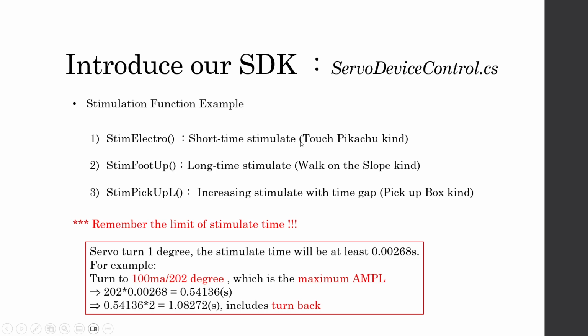They are the touch Pikachu kind that gives a short-time stimulation, and the second is the walking on a slope kind. You need a long time to stimulate your foot to behave like you are walking on a slope, so I have created a stimulate foot up function.